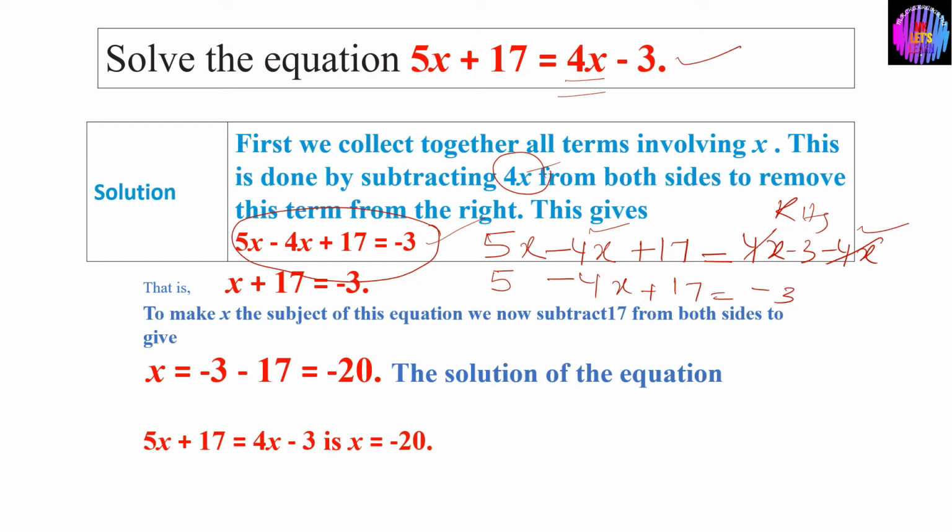Then we know that 5x minus 4x gives x, so x plus 17 is equal to minus 3.